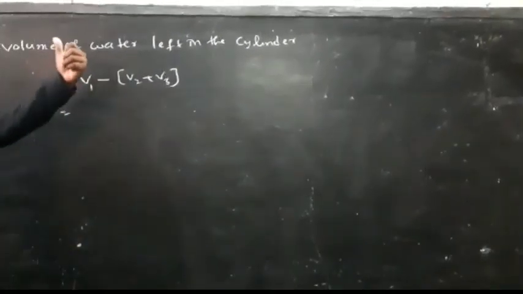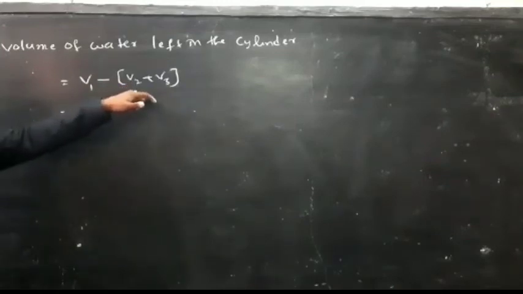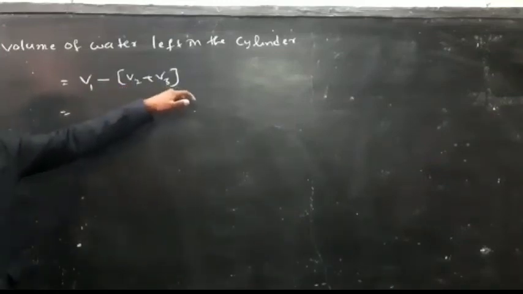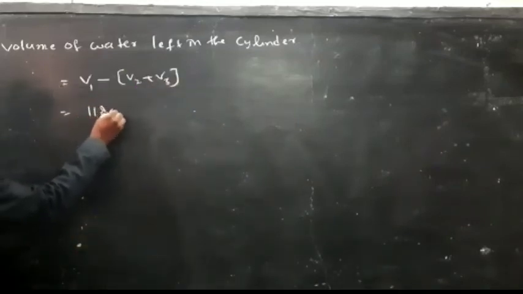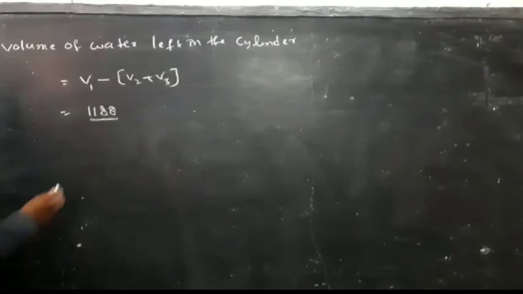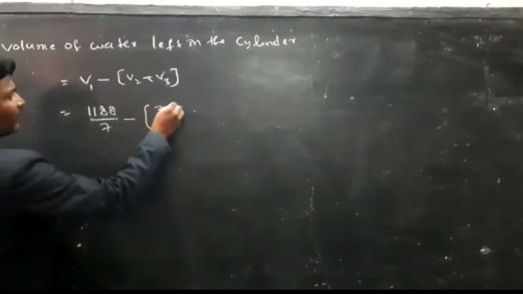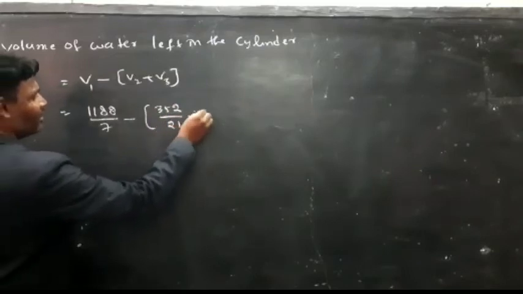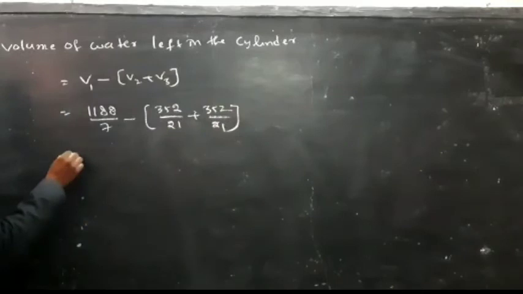The volume of water left in the cylinder is equal to V1, the volume of the cylinder, minus V2, the volume of the cone, plus V3, the volume of the hemisphere. So 1188 by 7 minus 352 by 21 plus 352 by 21.